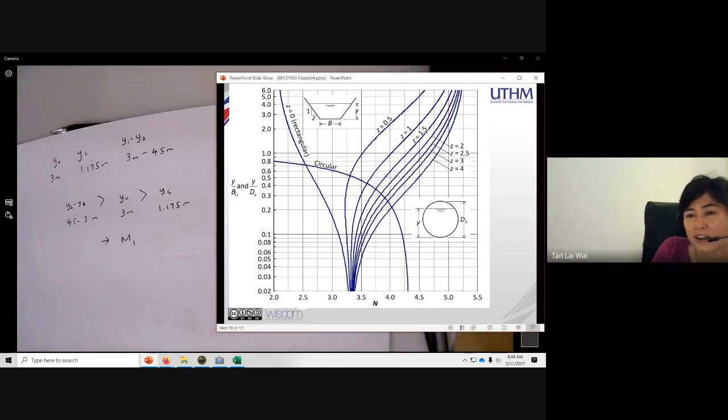Therefore, for a smaller Y over B, my N is somewhere about 3.3. Do you have any question on reading this chart so far, guys?